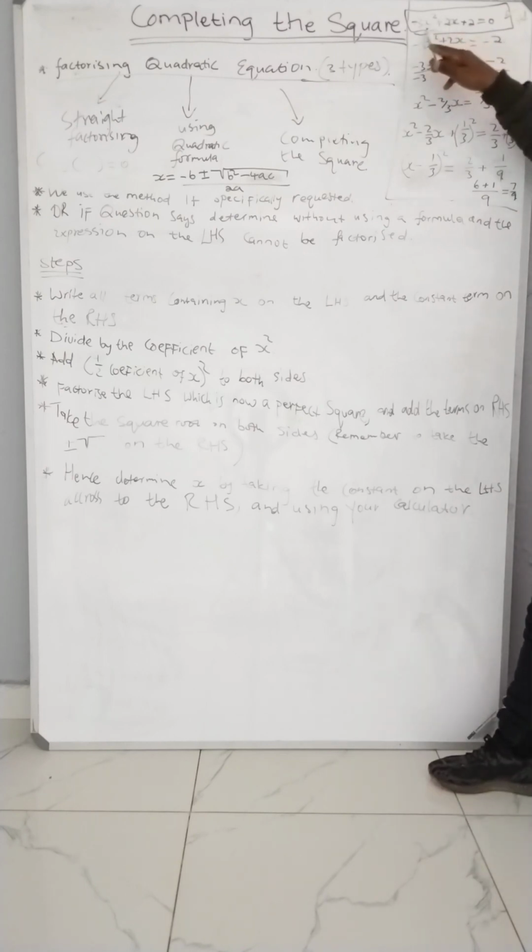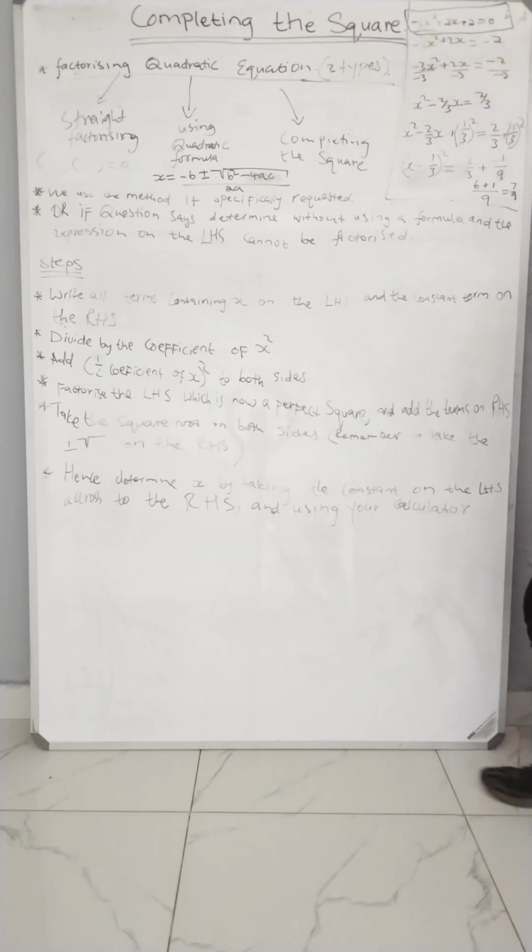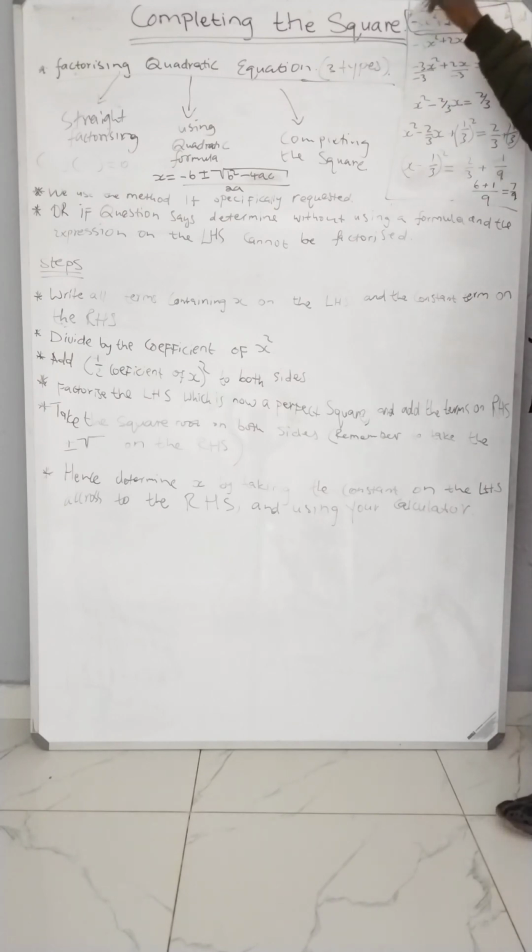X is a variable, and the number before x, we call it a coefficient of the variable. Now 2 is just a constant. So, not to say minus 3 and 2 are not constant. They are constant, but they are coefficients. So they with x squared, this is a term. With 2x, this is a term.